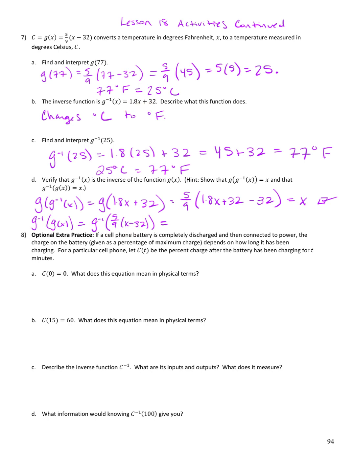So I have 1.8 times 5/9 times (x minus 32) plus 32. All right, so multiplying this 1.8 times this 5/9, that's 1. So I have x minus 32 plus 32, which is x.